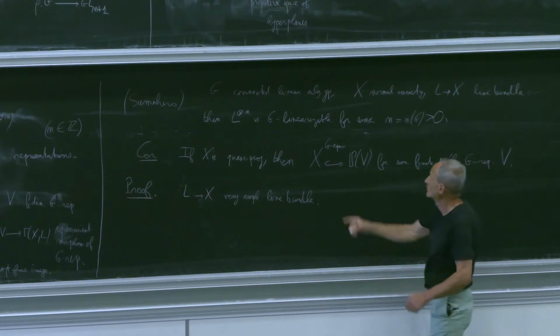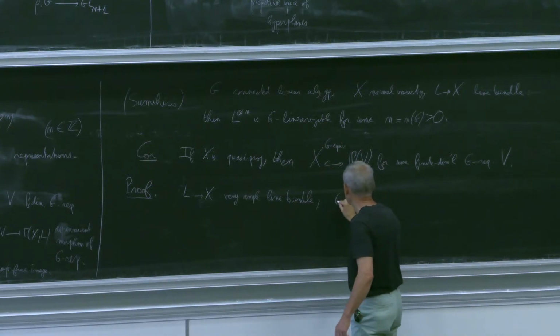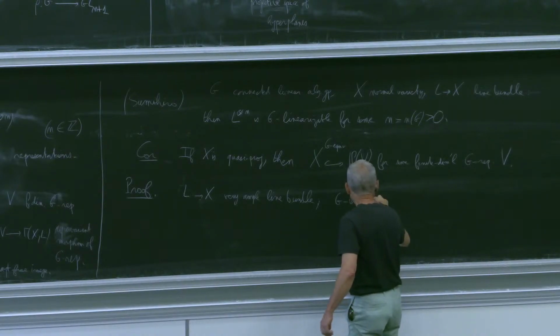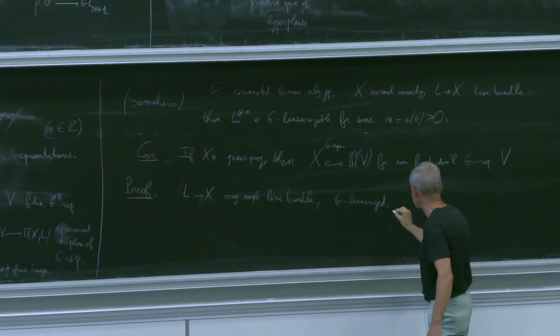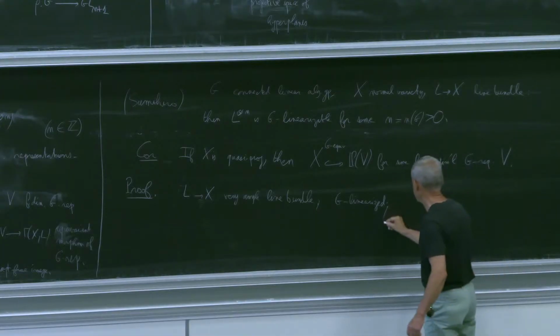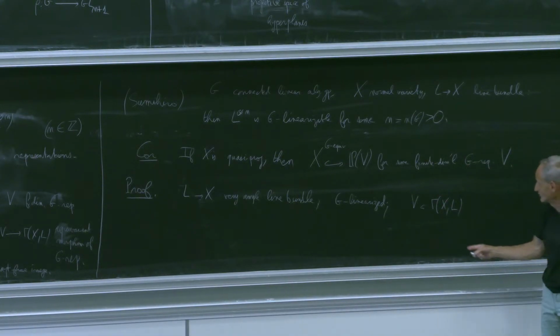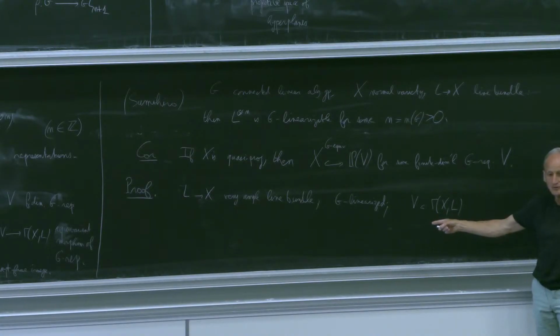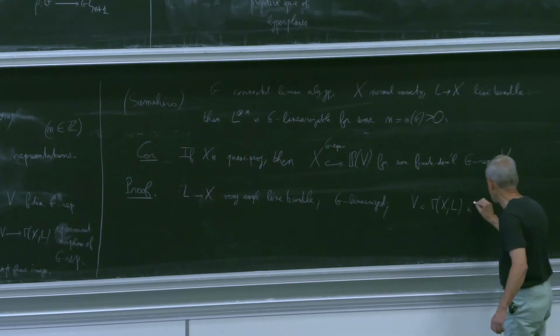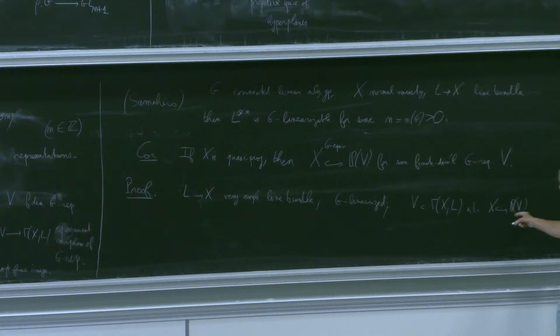We can replace it with some positive power to get it G-linearized. Okay, by this result, then you pick up some subspace V of the global sections of L, such that the corresponding rational map is an embedding. This exists because you have a very ample line bundle.